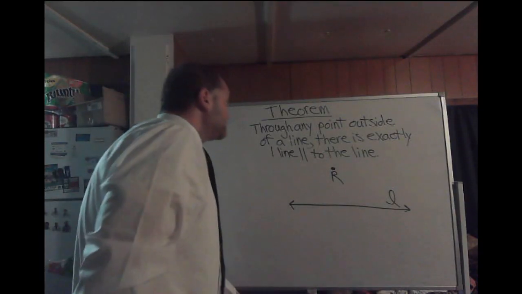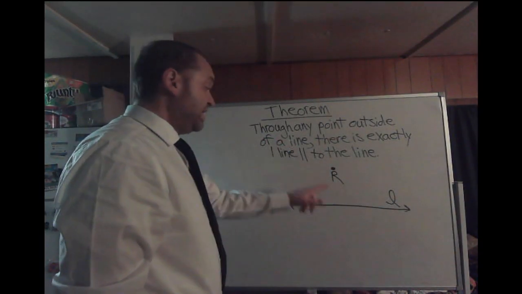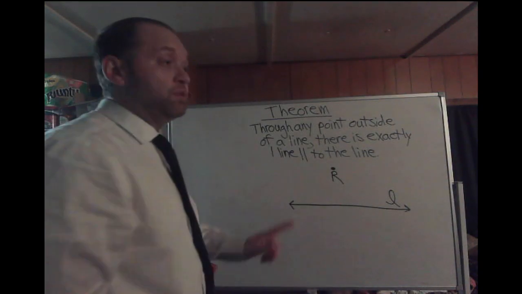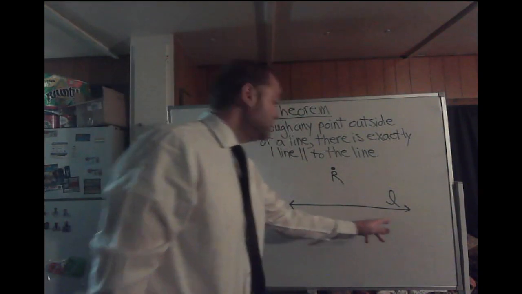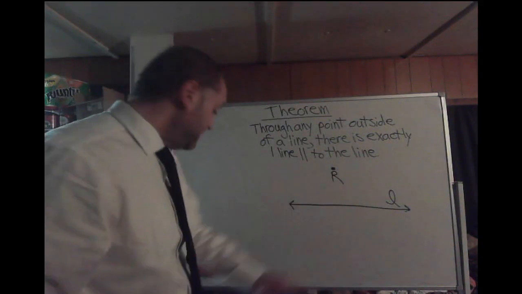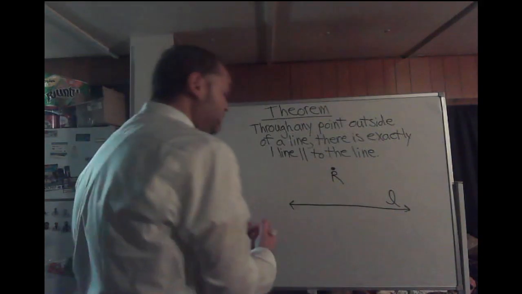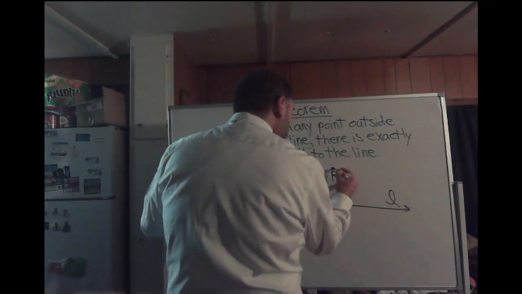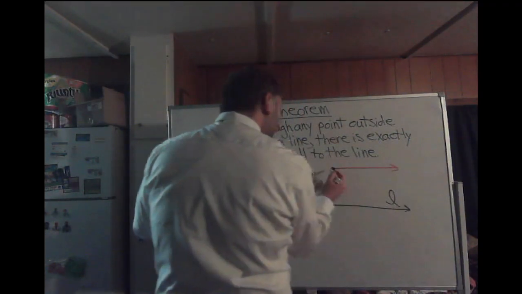So this theorem states that through any point outside of a line, there is exactly one line parallel to the line. So here we have line L, then outside of line L we have point R. Well, this theorem states that through this point R, there is exactly one line parallel to line L. So let me illustrate. Let's draw that line.